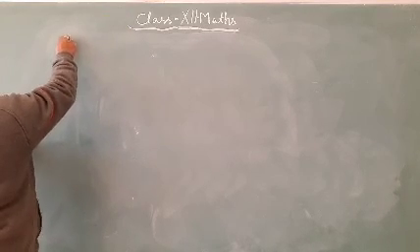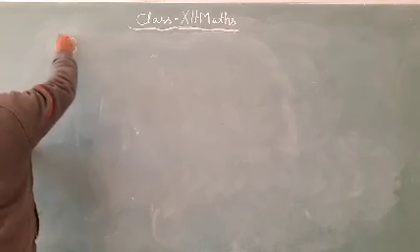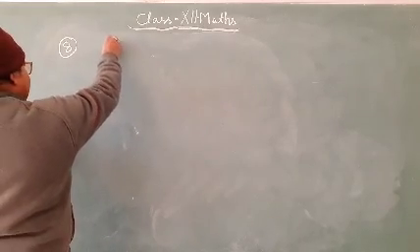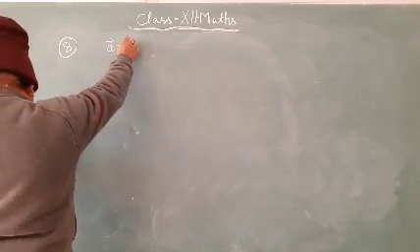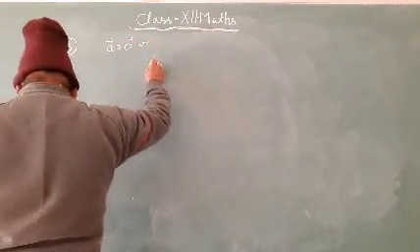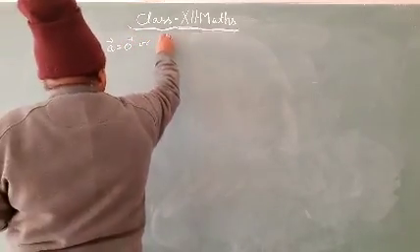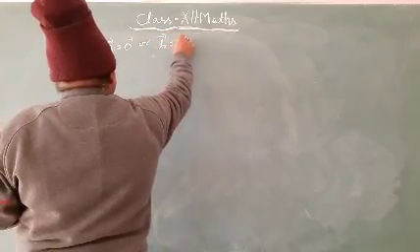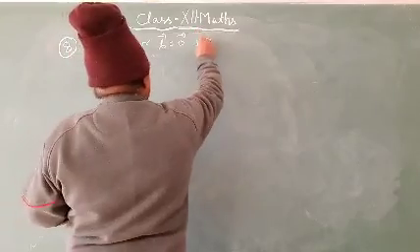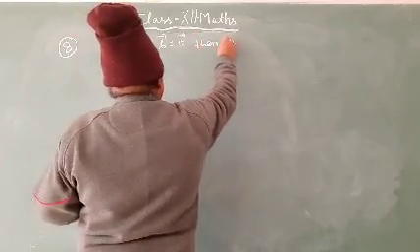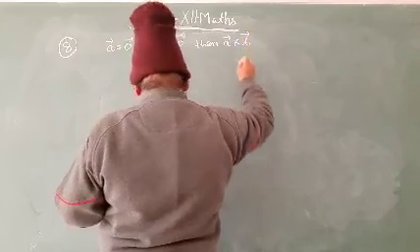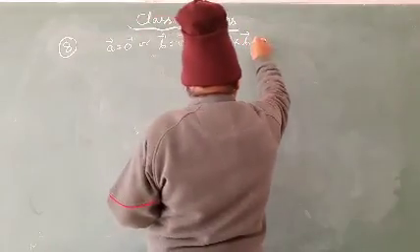Question number 8. If either vector a is equal to 0 vector or vector b equal to 0 vector, then vector a cross vector b equal to 0 vector.